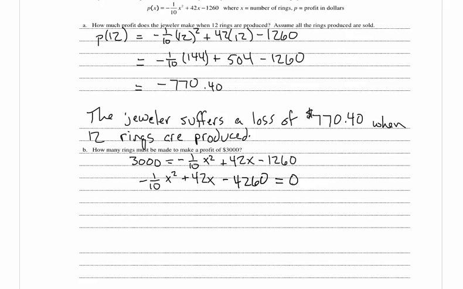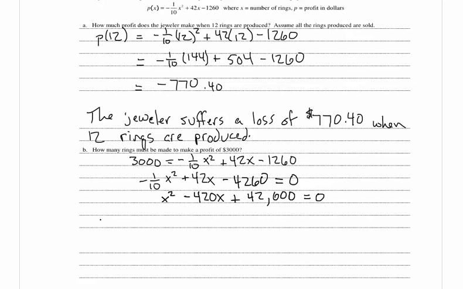So now we have our equation in the form where we can use the quadratic formula. And to avoid having to use fractions, I'm going to multiply everything by negative 10 so that I get rid of the fraction in front of my x squared term, and so that I make the first term positive. So I'm going to have x squared minus 420x plus 42,600 is equal to 0. And now a is represented by 1, b is represented by negative 420, and c is 42,600.